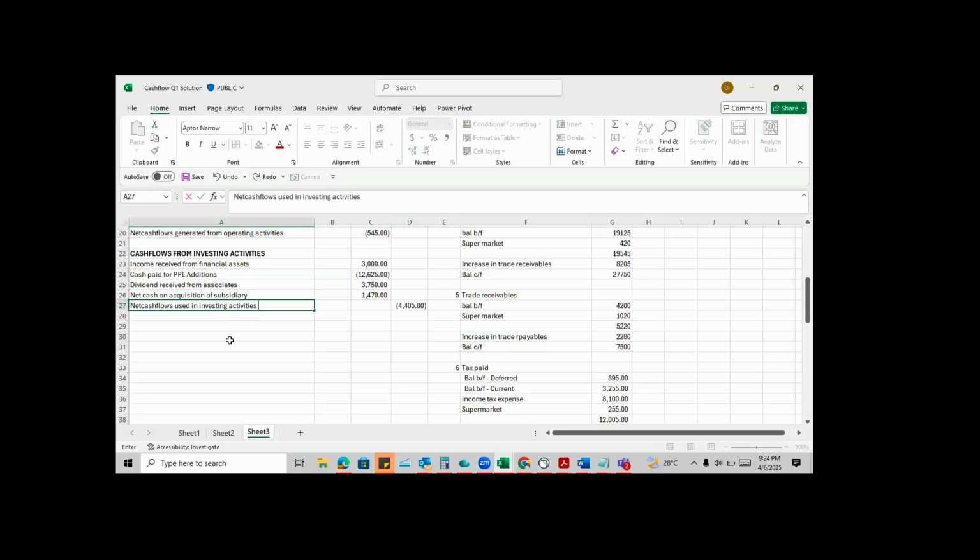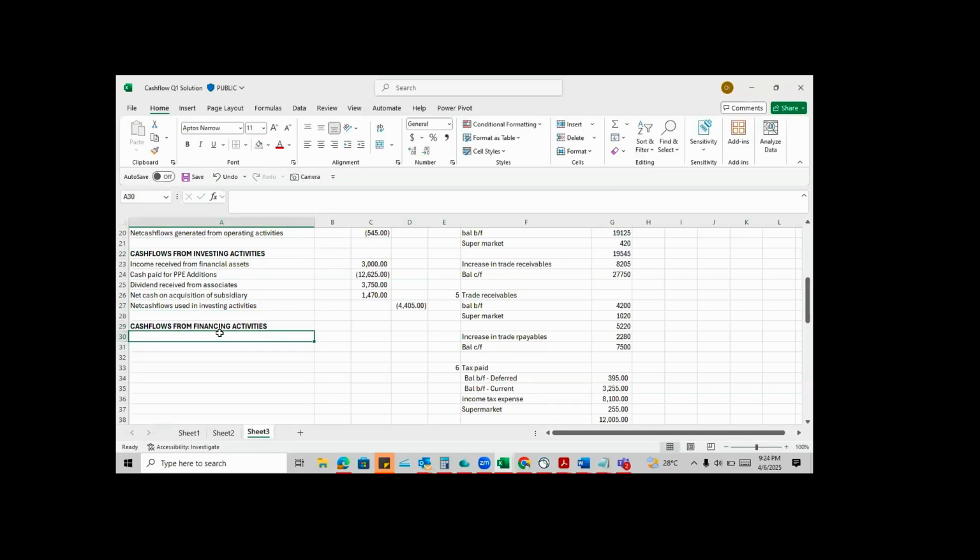Just get used to that nomenclature. They may not penalize you at this level though, but for practice, it's better. You will not see a financial statement where you have a minus and they say generated. It won't come out like that.